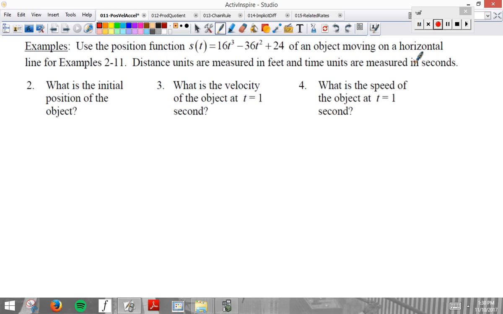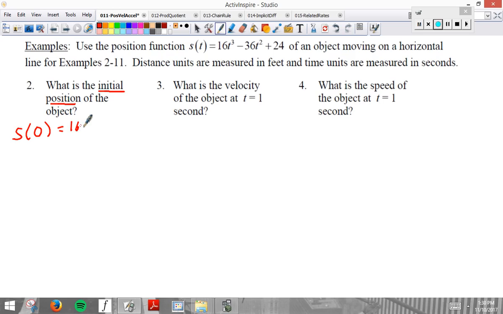Well, if you go back to the chart at the beginning of Unit 3, or in the last video, we know that the initial position refers to the position at time 0. So we take 0 and we plug it into the position function. We substitute 0 for all the t values.